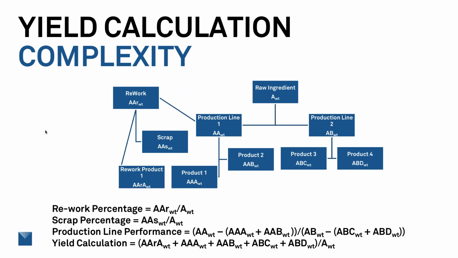And that can get quite complex, and in fact so complex that in a lot of cases, most companies will probably just do it based on inventory of ingredients in and products shipped out as a rough estimate of what the yield is.